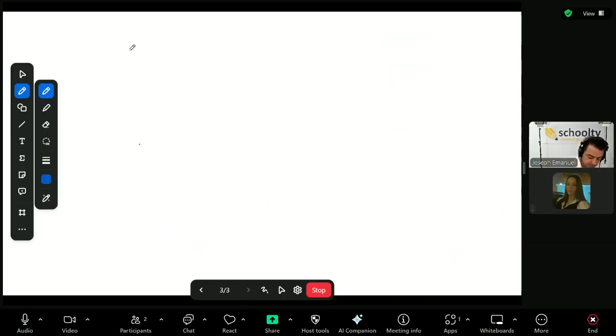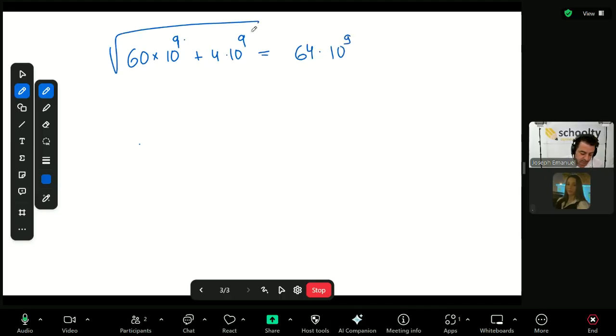So you have 60 multiplied by 10 to the power of 9 plus 4 multiplied by 10 to the power of 9. So we will have 64 multiplied by 10 to the power of 9. Don't forget that we have here the cube root, which is power 1 divided by 3. So 64, the cube root, 10 to the 9 divided by 3.